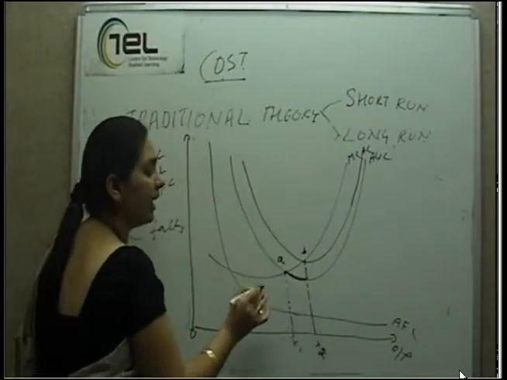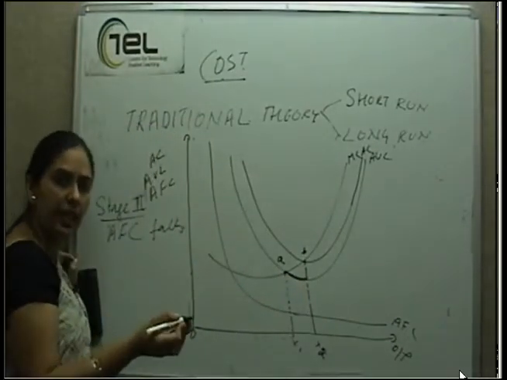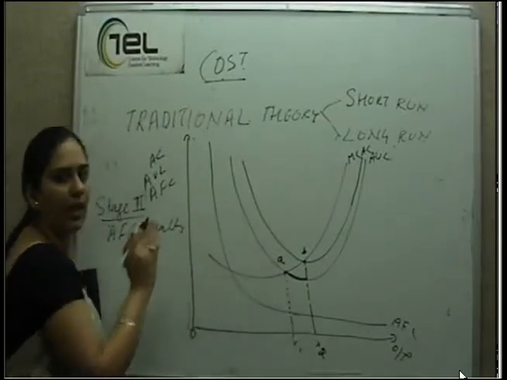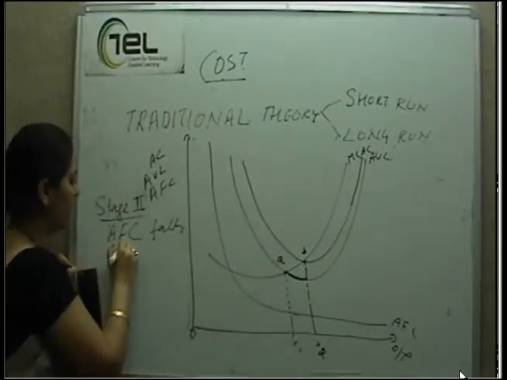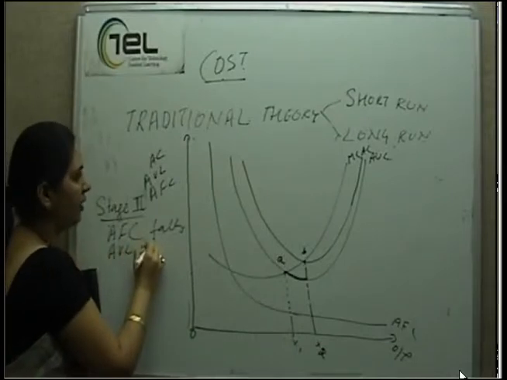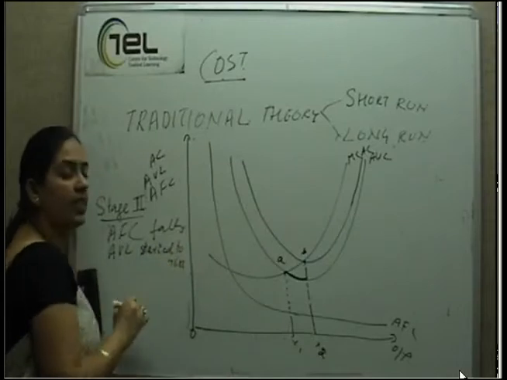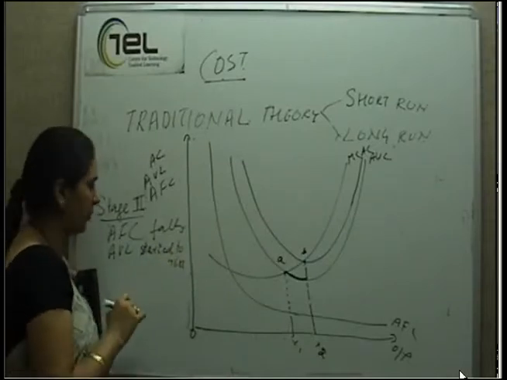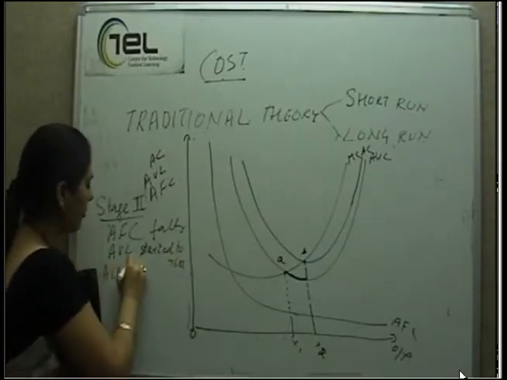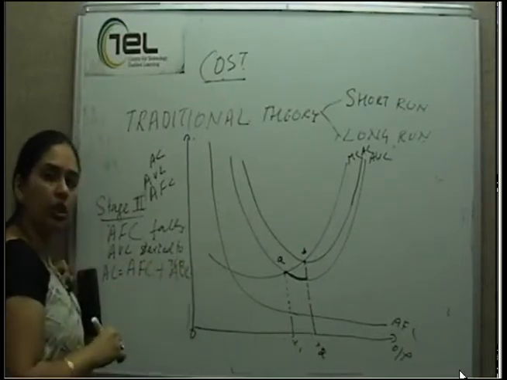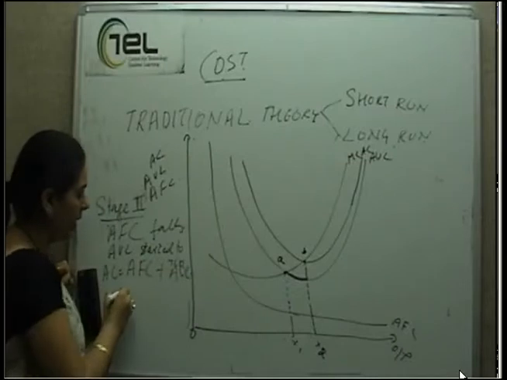I would not say it is rising at an increasing rate; however, at least it is not falling and it has started to rise, so I would say my AVC is rising at a decreasing rate. Now AC, which is the summation of AFC plus AVC: how would AC react?